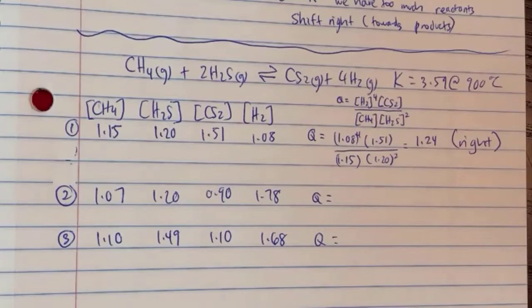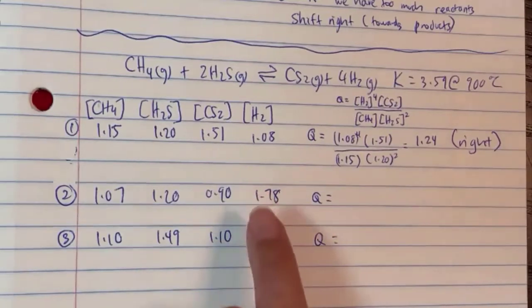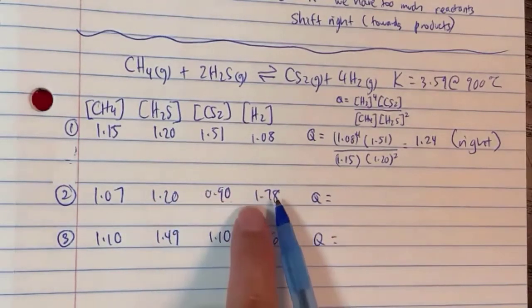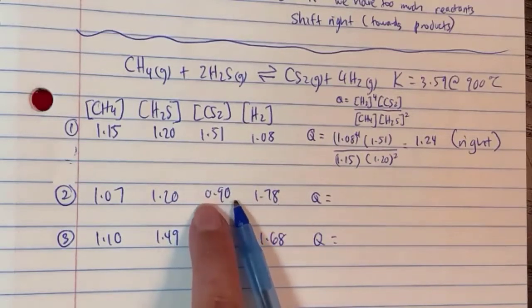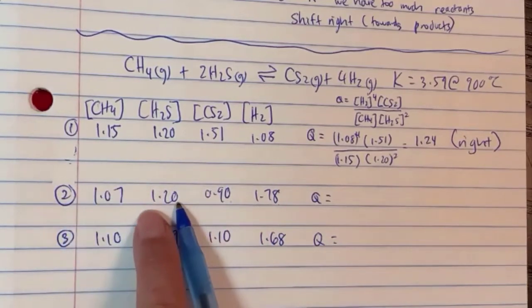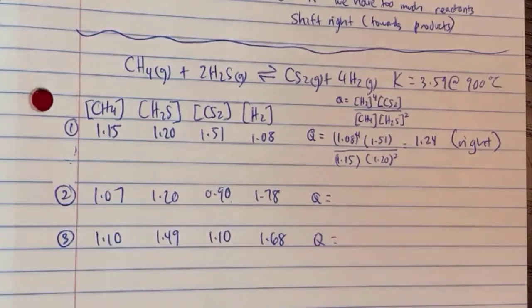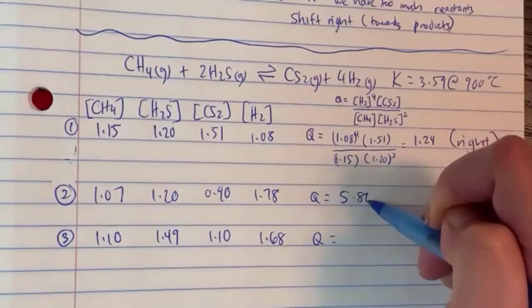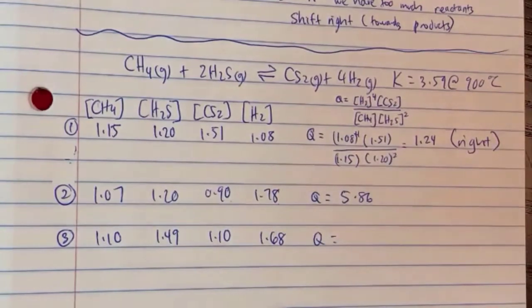So what did you guys get for the Q for the second one? You do basically, no, actually it's 1.78 to the power 4 times 0.9 divided by 1.07 and 1.2 squared. Okay. Yeah, 5.86. So if it's 5.86, what does that look like?